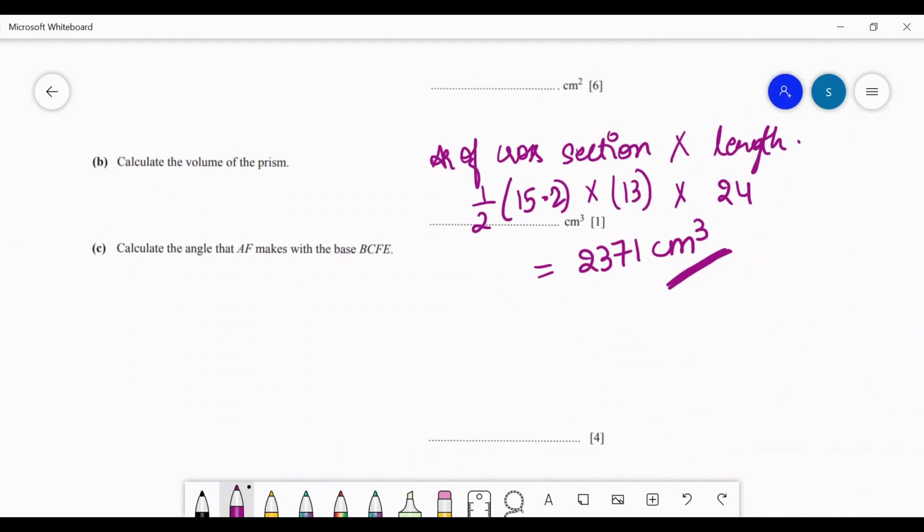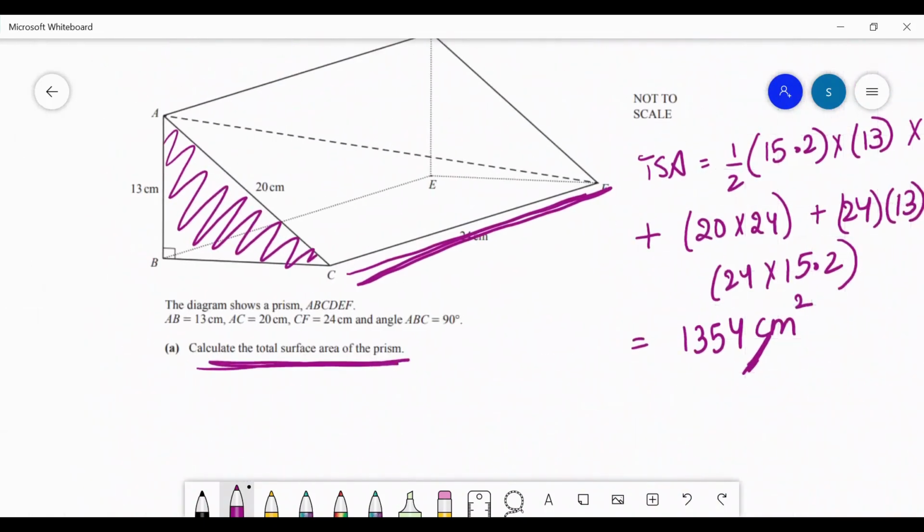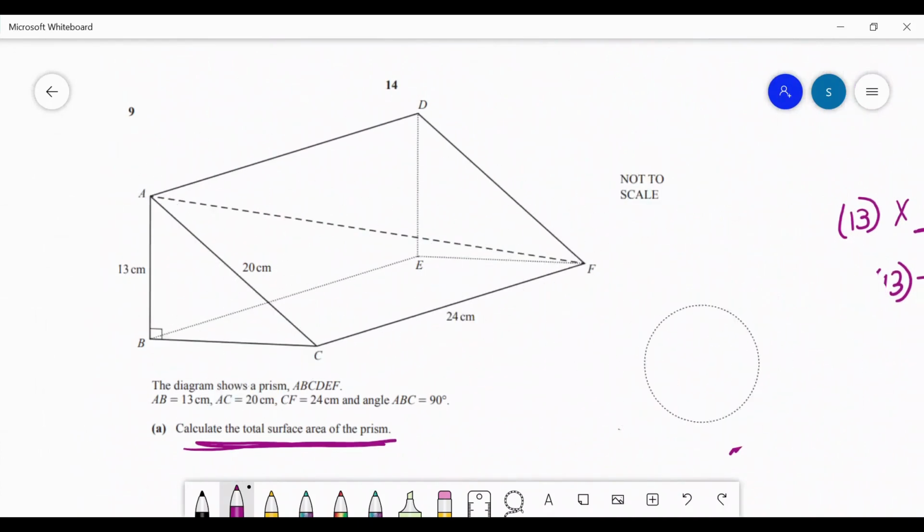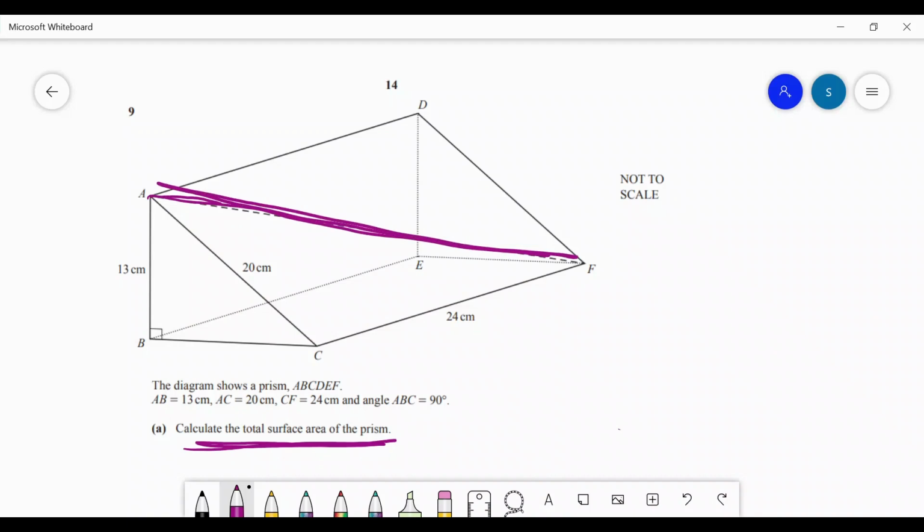Next we have calculate the angle that AF makes with base BCFE. Okay, let's try to figure out what we are doing here. So we are talking about the angle that AF, this line, makes with BEFC, which is the base, the rectangular base.